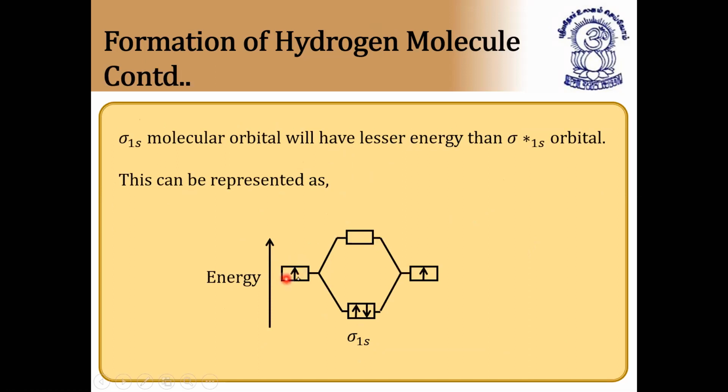Bonding means the upward arrow, so the two electrons we represent like this in sigma 1s. Sigma star is nothing but anti-bonding. In the hydrogen molecule there are no electrons in the anti-bonding molecular orbital; it has only the bonding molecular orbital. I hope it is clear. Next, continuation.